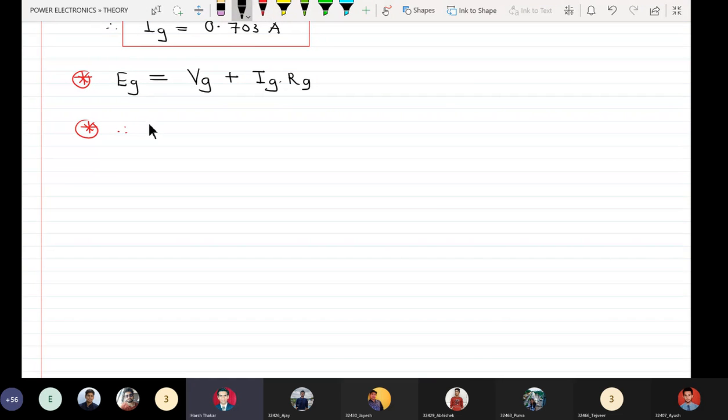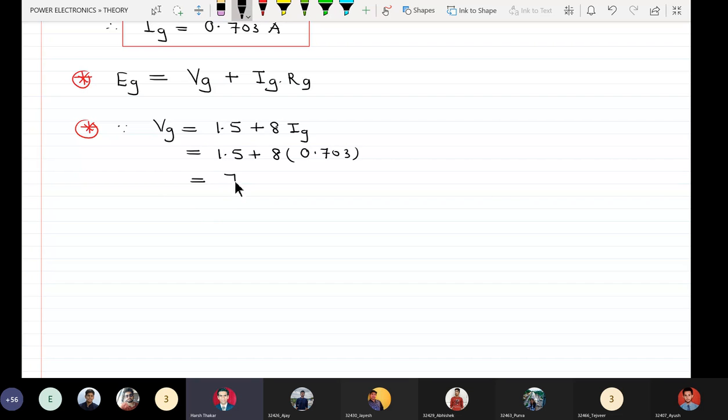Now since Vg is 1.5 plus 8 times Ig, which is equal to 1.5 plus 8 into 0.703, which is equal to 7.124 volts.